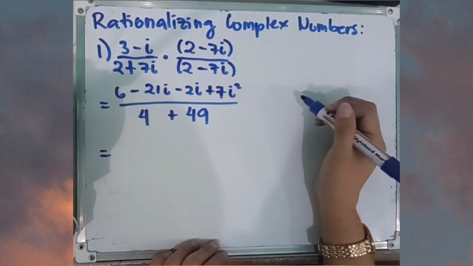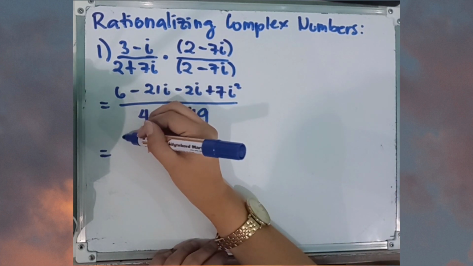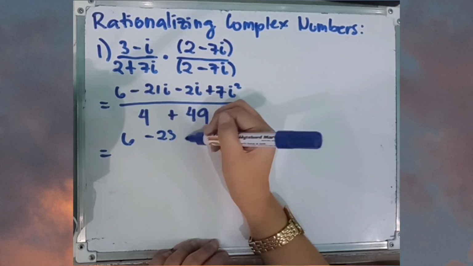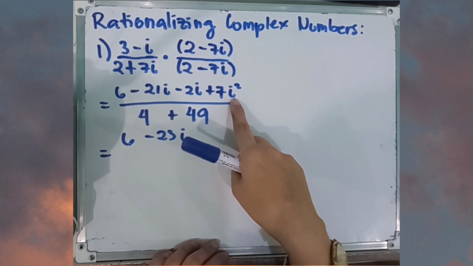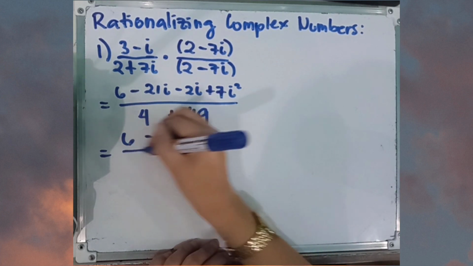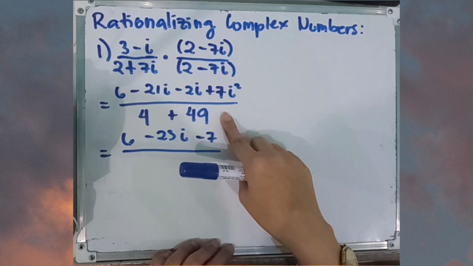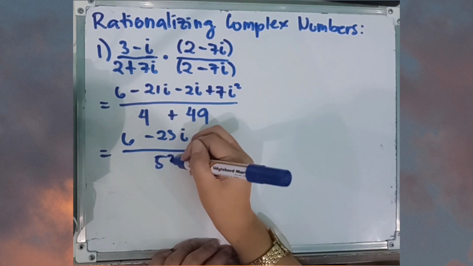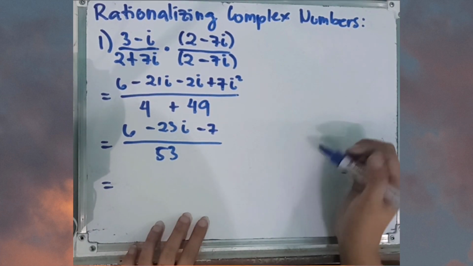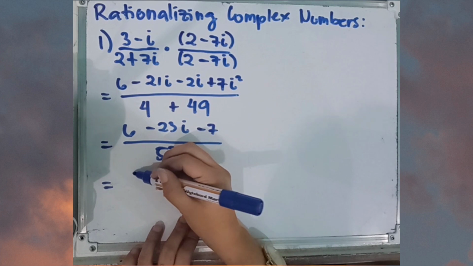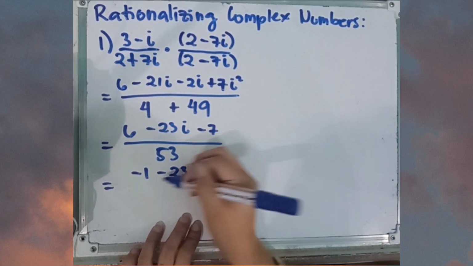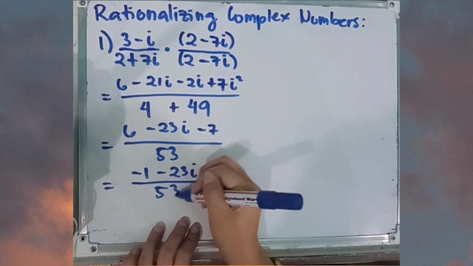So simplifying, that's 6 minus 23i, and since i squared is negative 1, that will become negative 7 over 4 plus 49, that's equal to 53. And further simplifying, 6 minus 7, that's negative 1 minus 23i over 53.